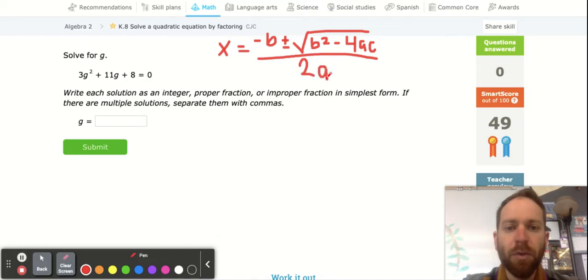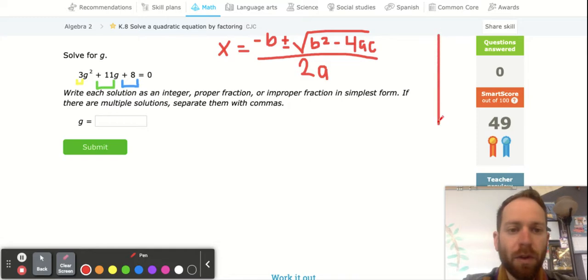There's a song to help you remember it too. X equals negative b plus or minus the square root of b squared minus 4ac all over 2a. Memorizing that song can help you remember this. So first identify your a, b, and c values, and then simply substitute them into the quadratic formula, and you'll have your two roots.